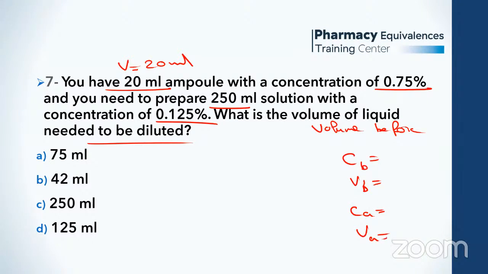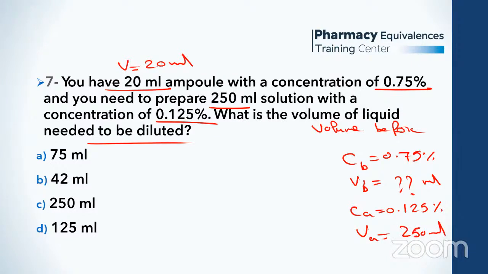The concentration before is 0.75%. The volume before is the required volume in milliliter. The concentration after is 0.125, the diluted concentration. The volume after is 250 ml.